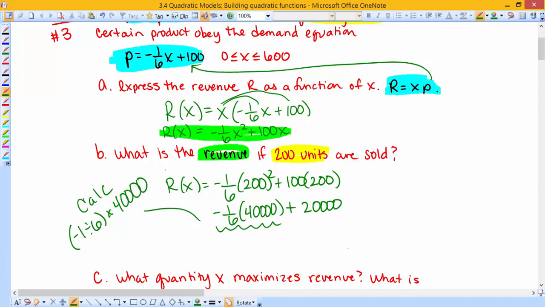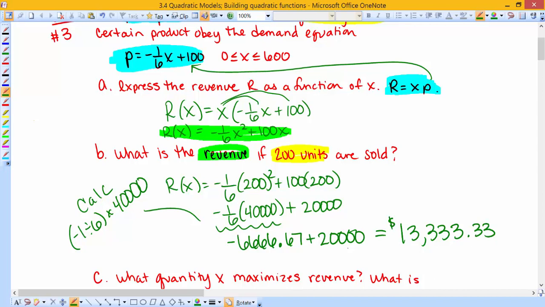So times negative 1 divided by 6, and I get negative 6,666.67. I'm rounding it to 2 decimal places here because we're talking money, plus the 20,000. So now I just need to add 20,000. And I end with $13,333.33. So if they were to sell 200 items, that company would then make $13,333.